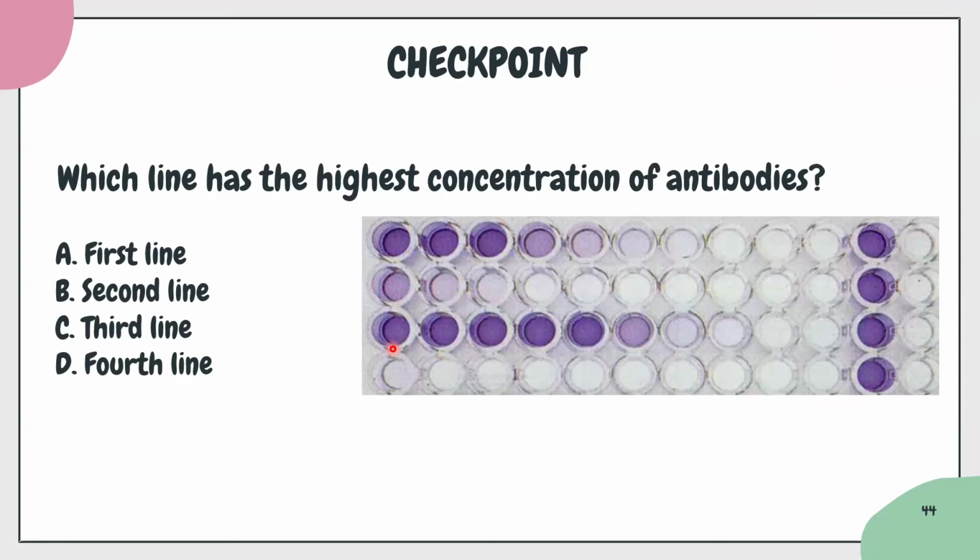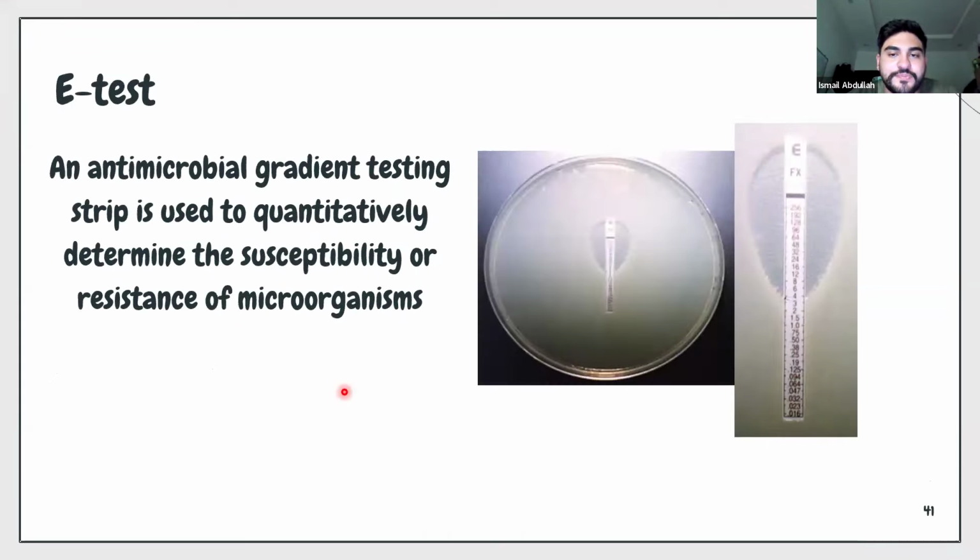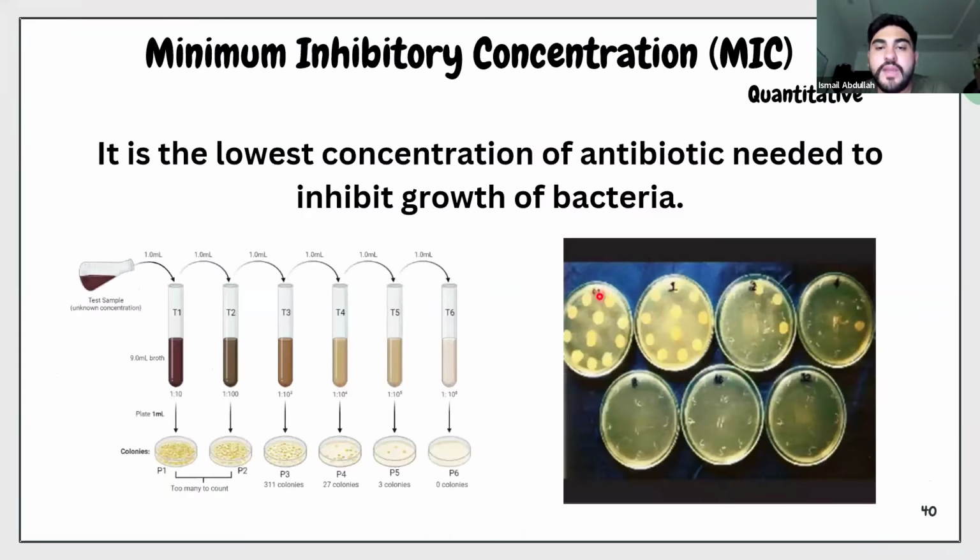Honestly, I didn't get it. Let's go back. Look at this. I started with a concentration of 0.5. Tamam? And then I added concentration 1, then 2, then 4, then 8.